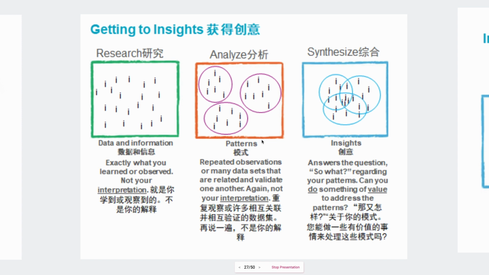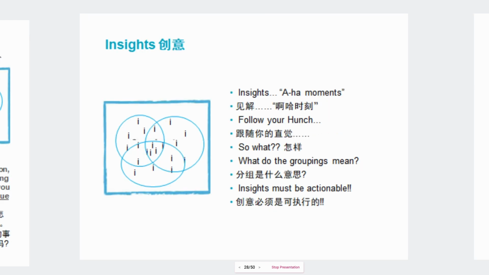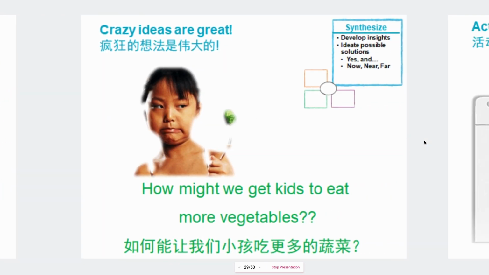The insight is the aha moment, when you realize, oh, that's right, that's what the user wants. Follow your hunch. So what do the groups mean? Insights must be actionable.